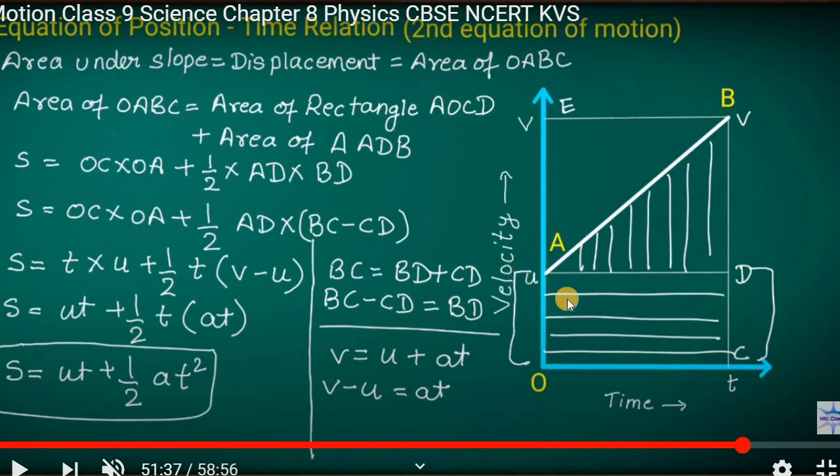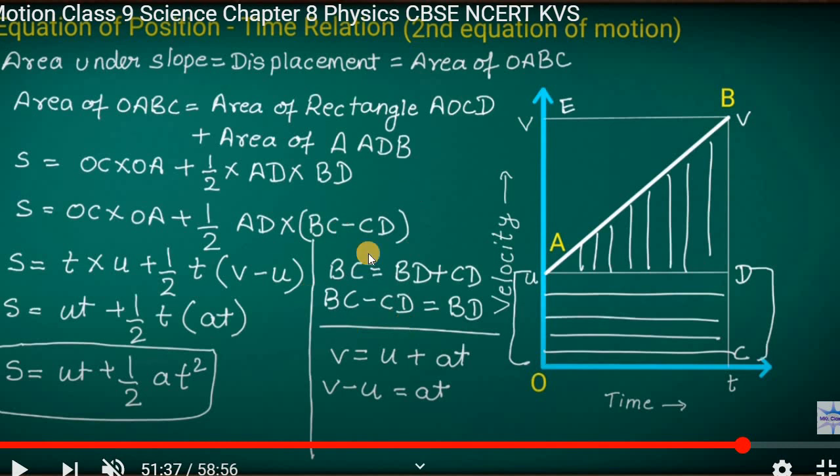Now let's keep the values. As we know, the area of a rectangle means length into breadth. So the length is OC and the breadth is OA, plus the area of ABD, which is 1 half. Here ABD is a right angle triangle, so we can write 1 half into base into perpendicular, where the base is AD and the perpendicular is BD.